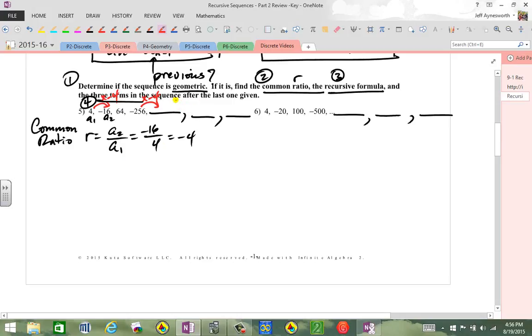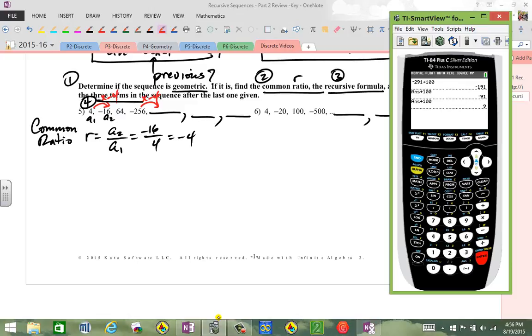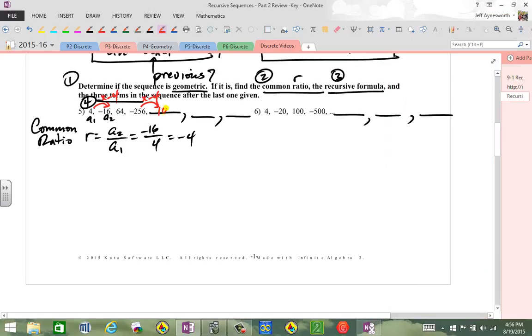So what is negative 256 times negative 4? The sequence is alternating signs, so it's got to be a positive value. That's right, meaning the common ratio. So you enter in negative 256 times negative 4. You should get a positive number, 1,024.